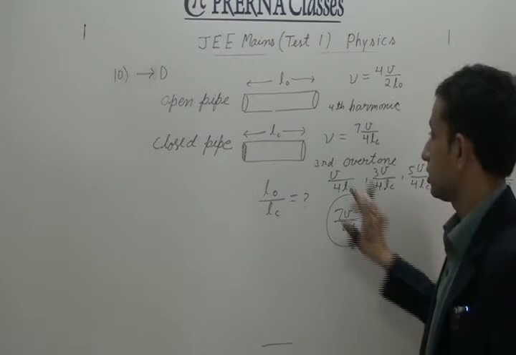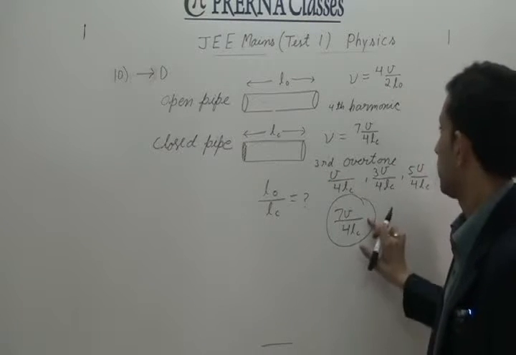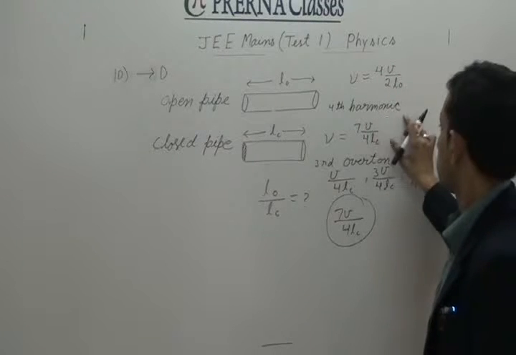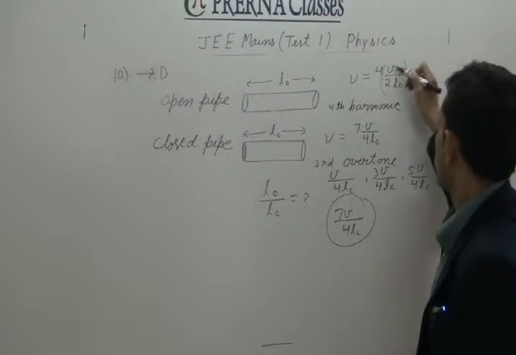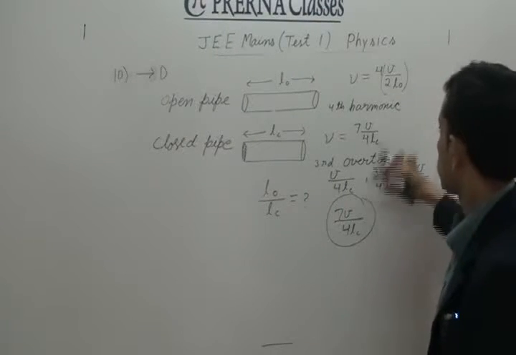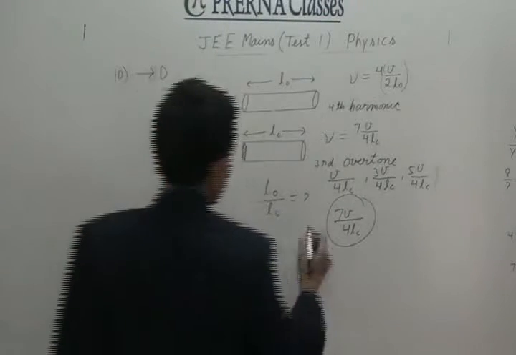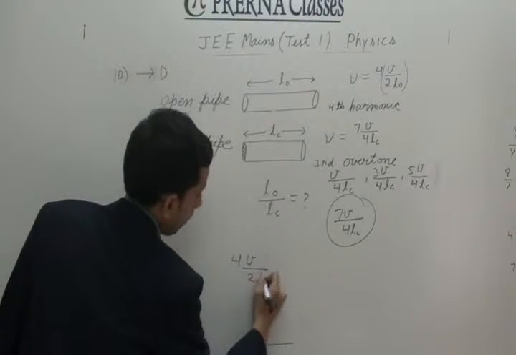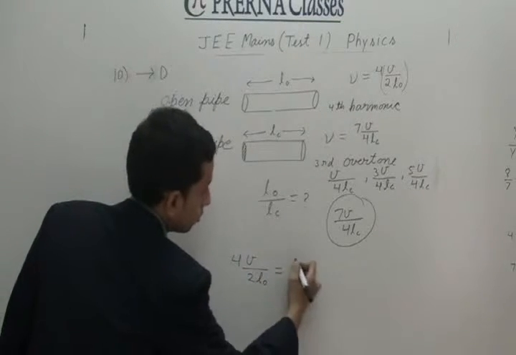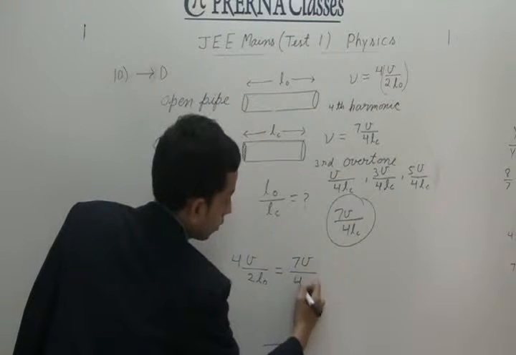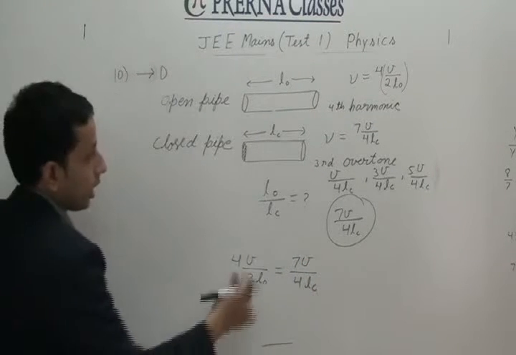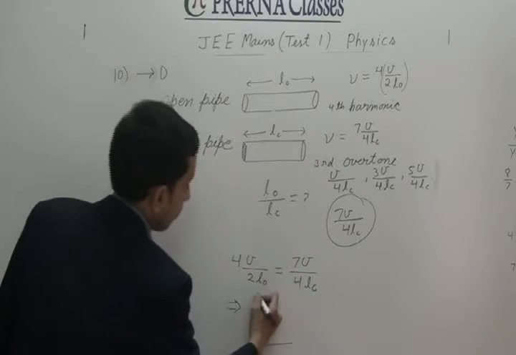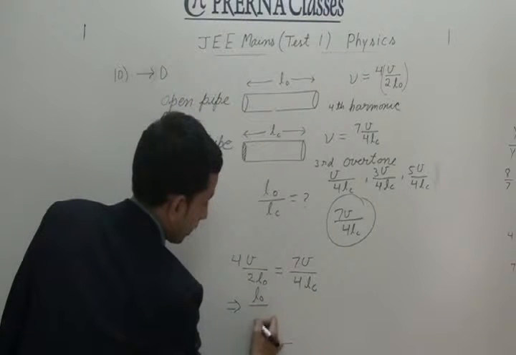So third overtone frequency of closed pipe is 7V by 4LC, and for open pipe it is 4V by 2LO, that is fourth harmonic, 4 times of V by 2LO. Now these two are equal. So what we can do, 4V by 2LO equal to 7V by 4LC, and after solving this, we will get LO by LC.